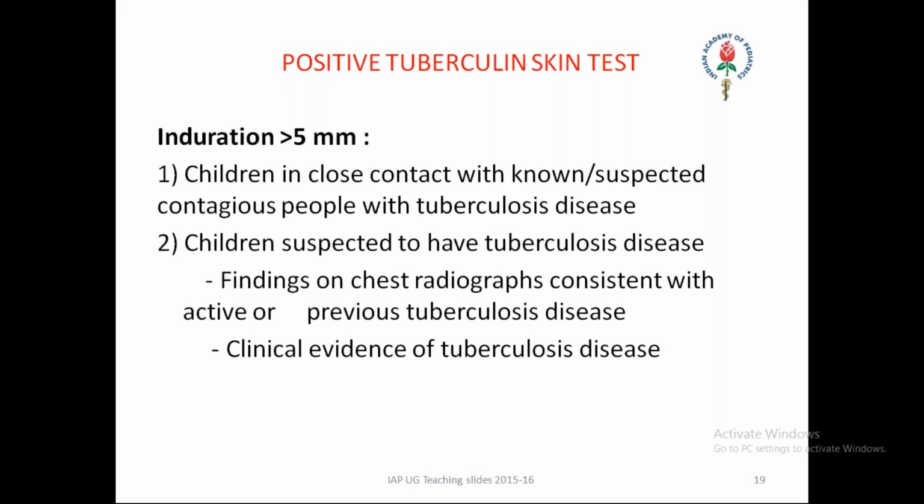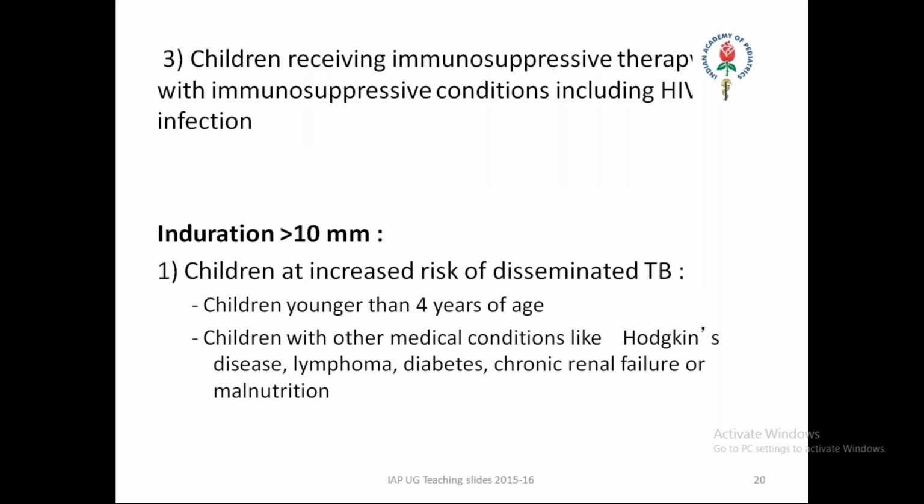All these things you have to think about with the 5 mm of induration. Children receiving immunosuppressive therapy, including HIV infection, is also one of the major risk factors which you have to think about.